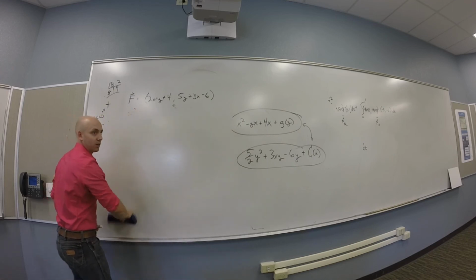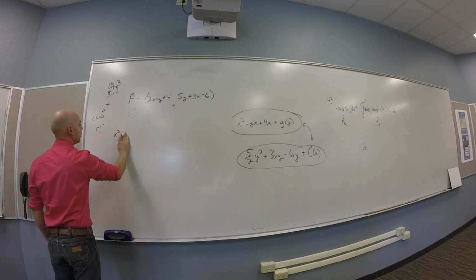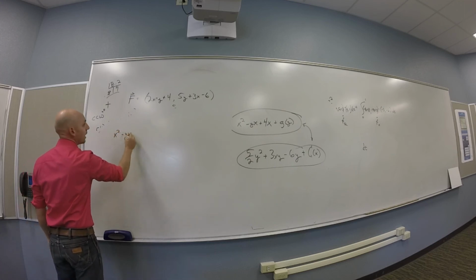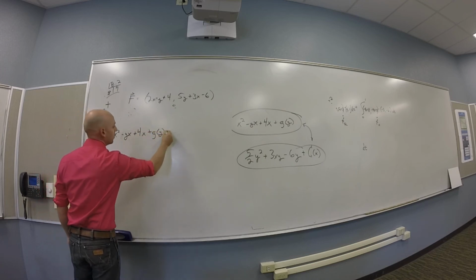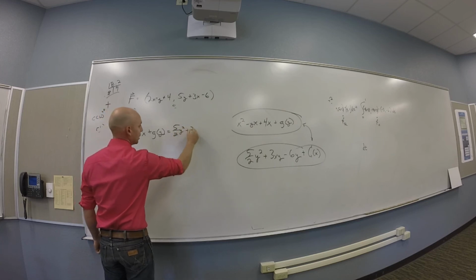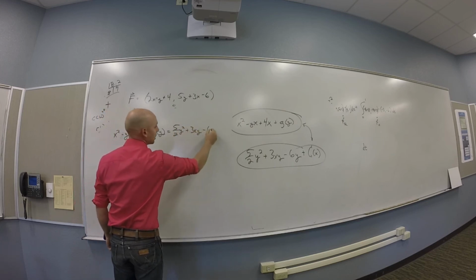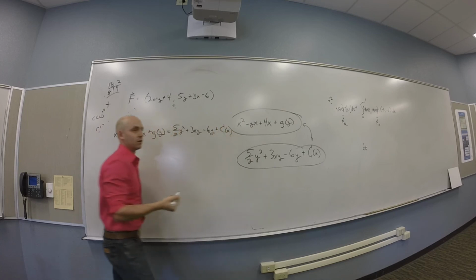I'm going to go, okay, so x squared minus yx plus 4x plus g of y should be 5 halves y squared plus 3xy minus 6y plus some constant of x, right?